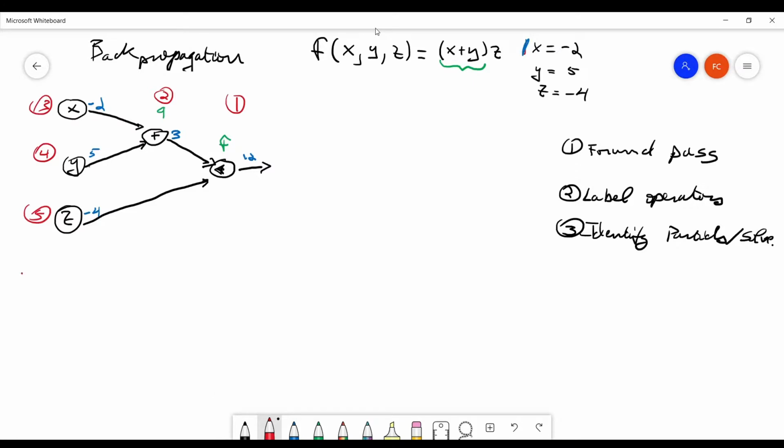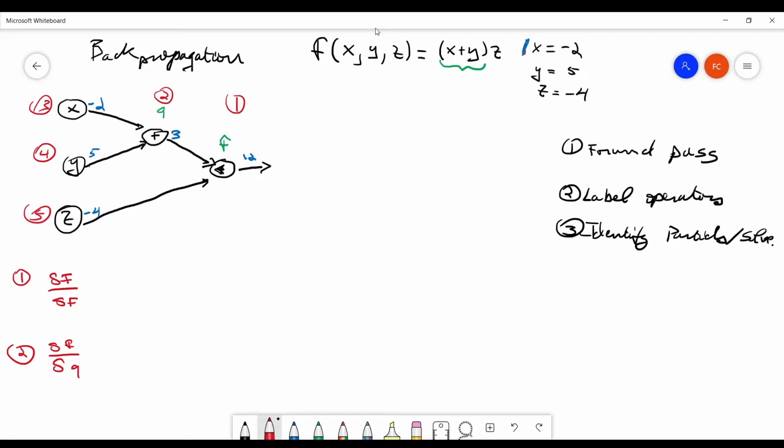So the first partial is partial f with partial f. The second is partial q with partial f. Oh, no, it's partial f with partial q.